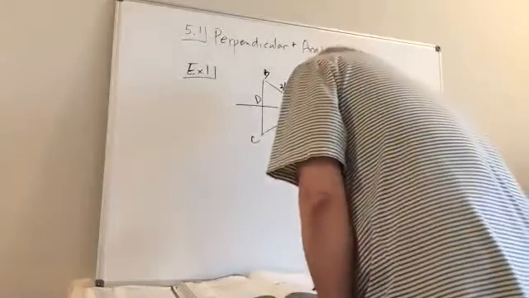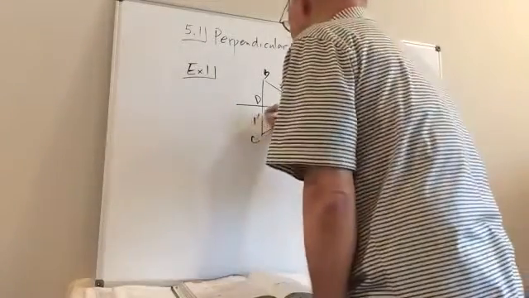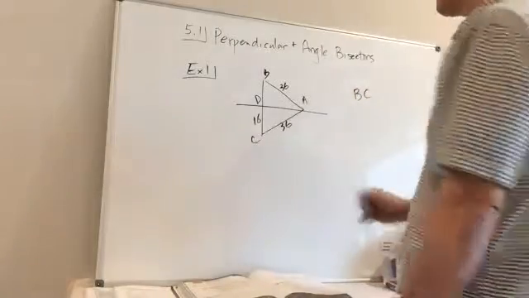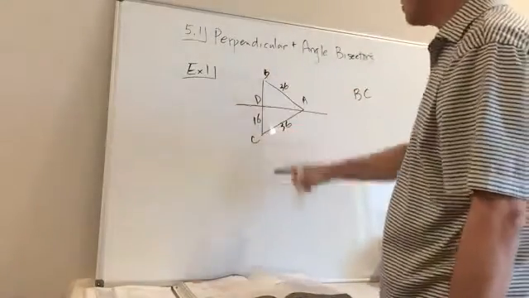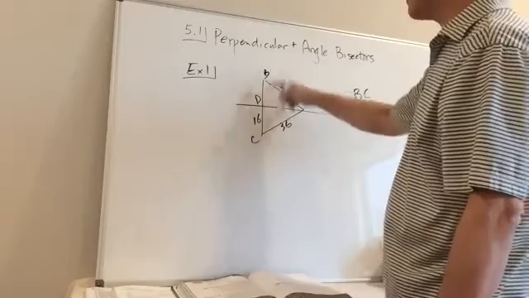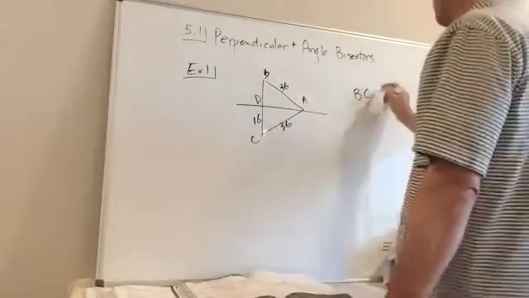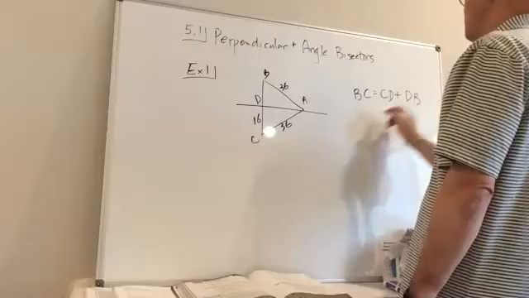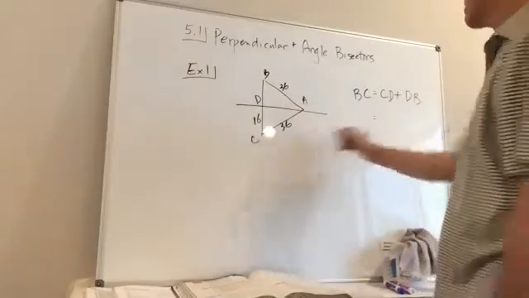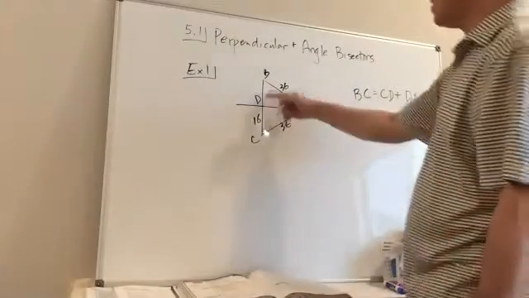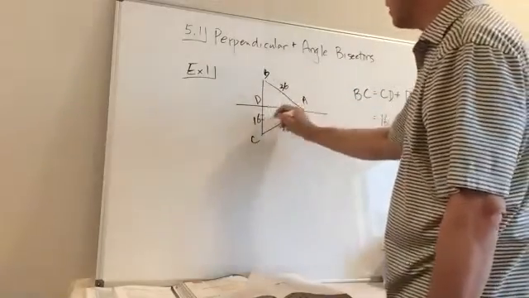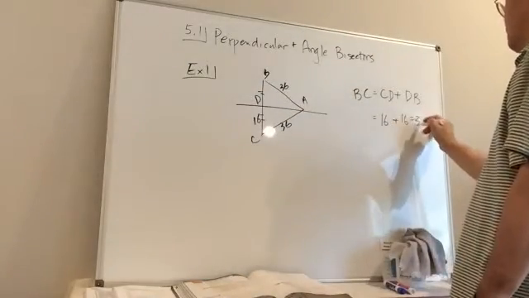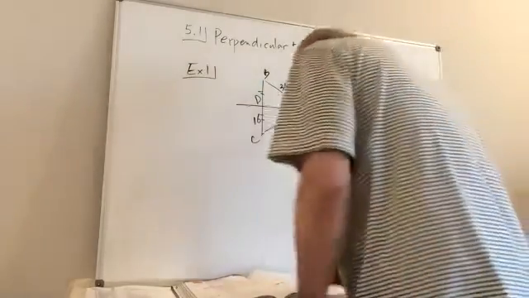And we're trying to find BC. This is 16. So this length of BC from B to C is going to be CD plus DB. CD is 16, DB is 16 because this and this have to be the same. So it should be 32.